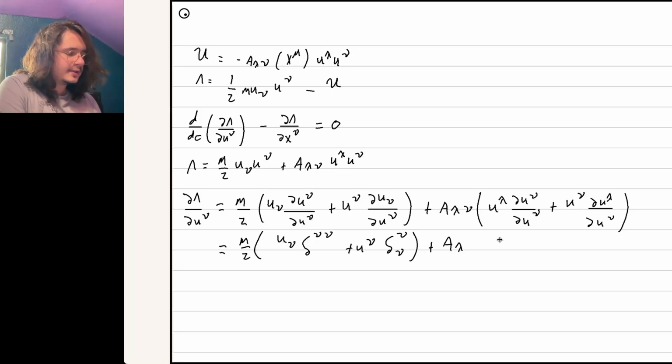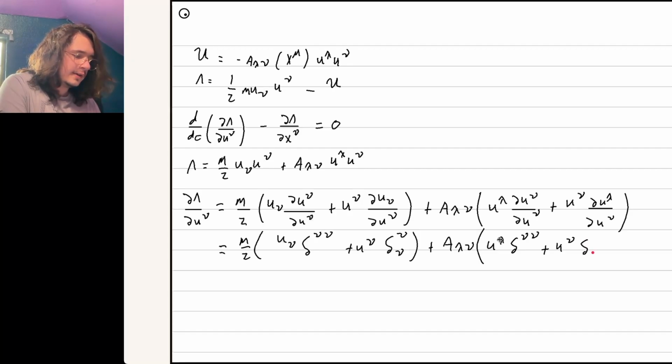And then you got this one. You have u^lambda delta^nu plus u^nu delta^nu^lambda. All right.